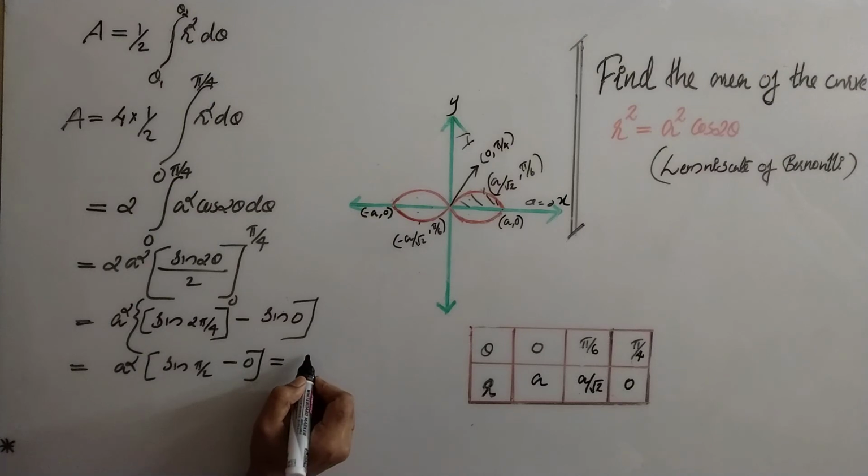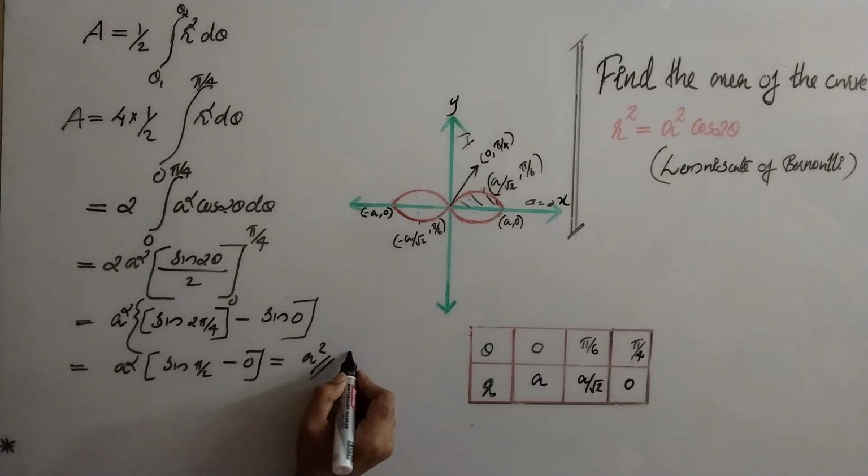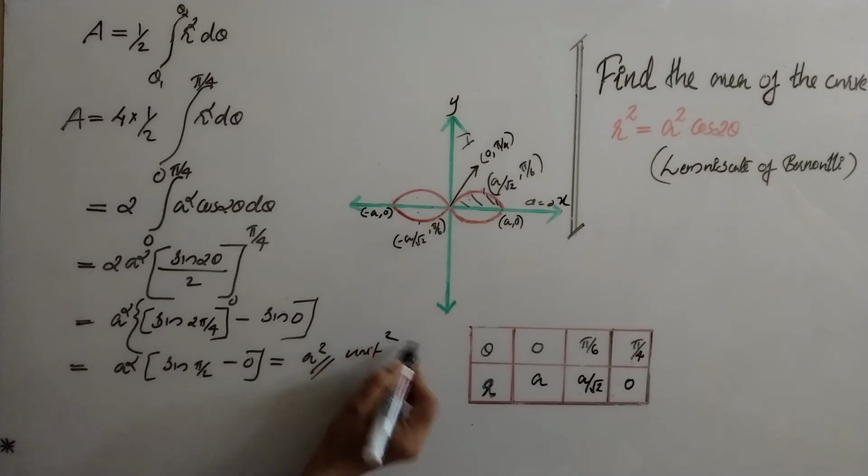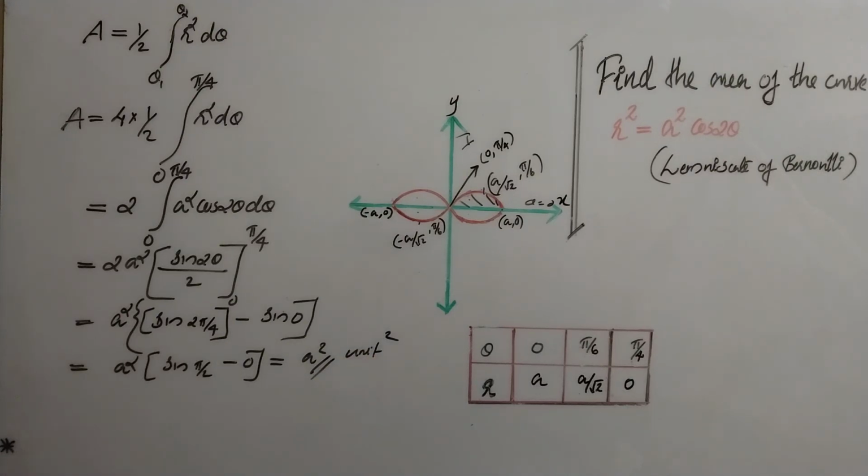Sin pi by 2 is 1. That is a square. So, the required area is a square unit square. So, the required area, that is the area of the curve r square equal to a square cos 2 theta, is a square. Thank you.